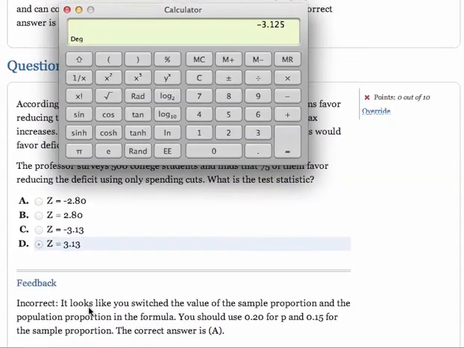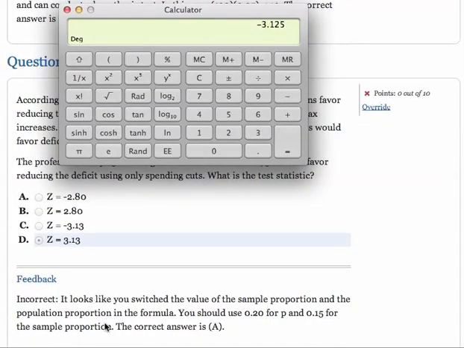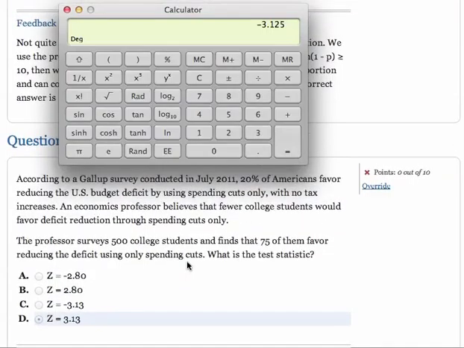Whoops, the correct answer is A, so I don't know what I did wrong here. 20 minus 15 is 0.05. The correct answer is A. I'm not sure why I got it wrong there. I must have made some kind of error.